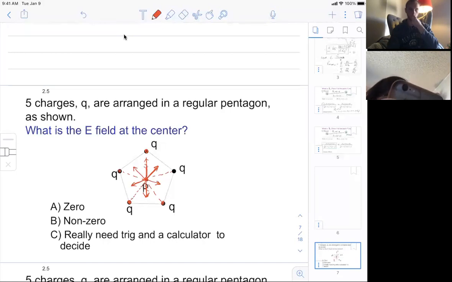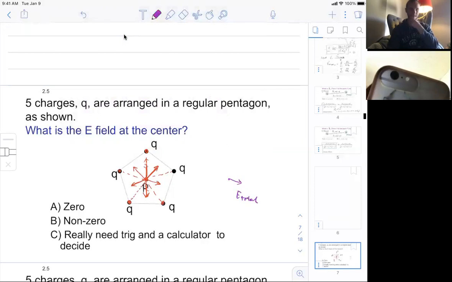But I will provide another argument just to make it more convincing. Let's pretend it is not zero. Let's pretend it's some non-zero number. Now, if it's non-zero, it has to point in some direction because this is a vector. You can even assume some random direction here at the center.